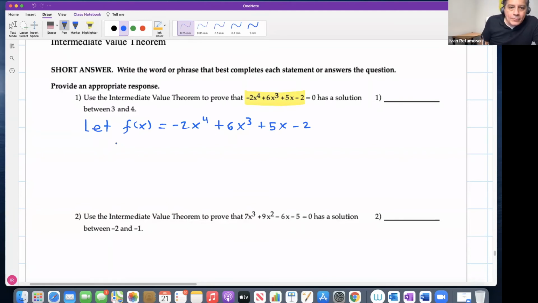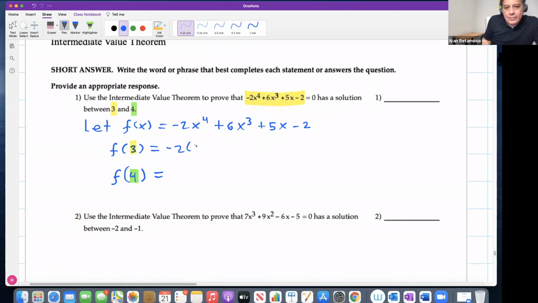And I do a couple of evaluations. The first evaluation I do at this value 3. Why at this value? Because this is like the a, f of a. And the next evaluation I will do at 4, so the second evaluation will be here. I will write f of 4. And I just have to make sure that these two evaluations have opposite signs.